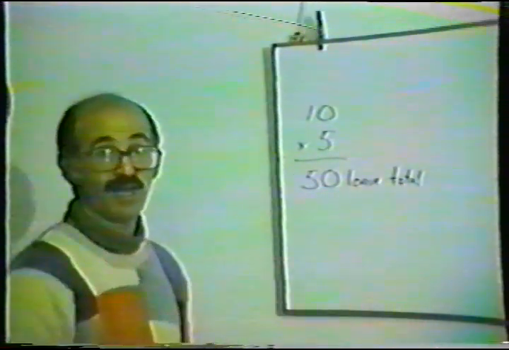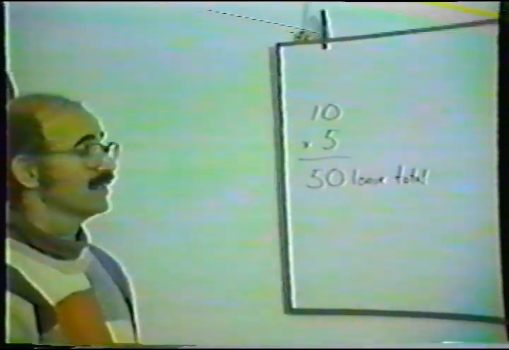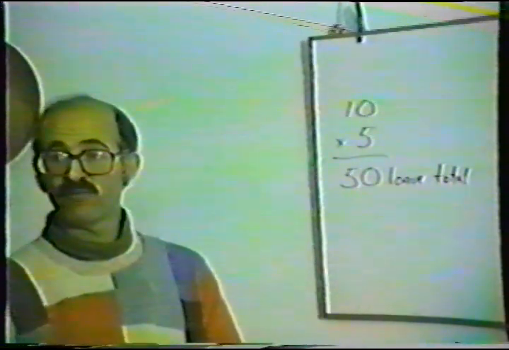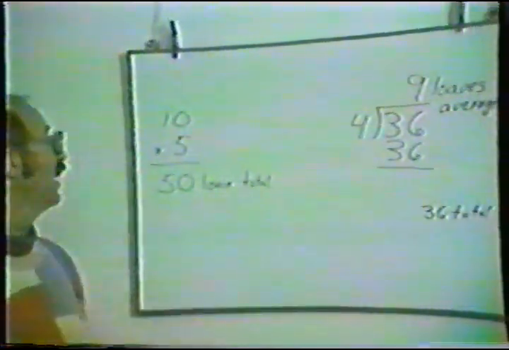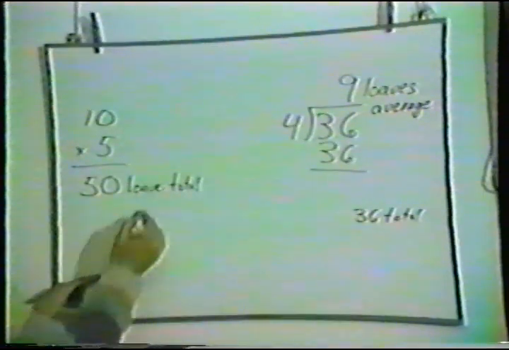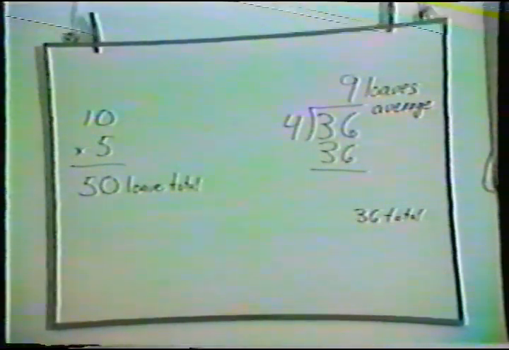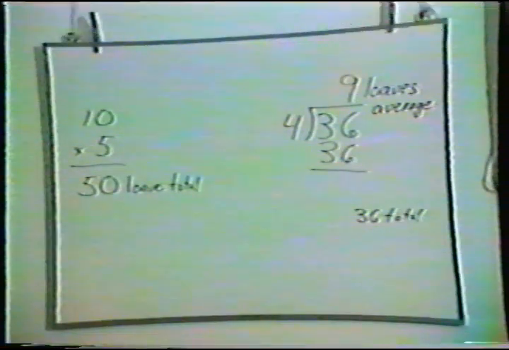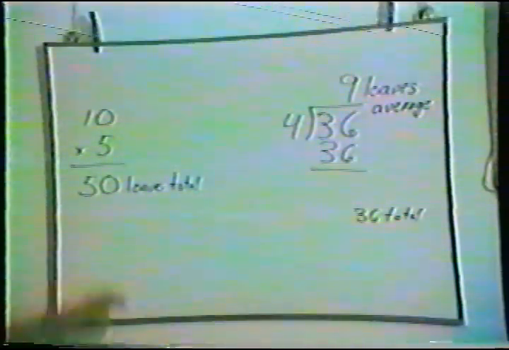Well, what was our total after 4 days? 36. And our total after 5 days has to be 50. How many more does he have to buy to get the total from 36 to 50?